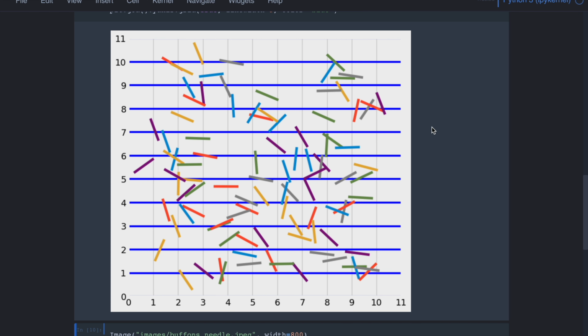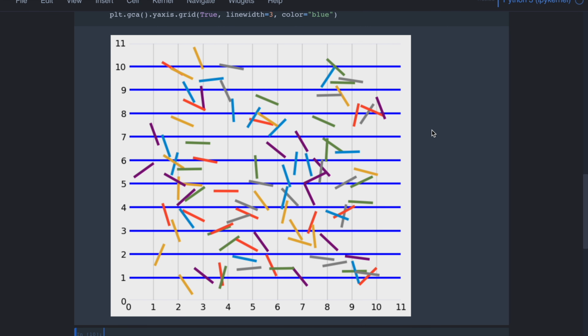Now the task is to find out what is the probability that the needle will intersect with one of the blue lines. It cannot intersect two lines because the length is exactly the same, unless it falls at exactly a 90 degrees angle where it might touch both the horizontal lines.